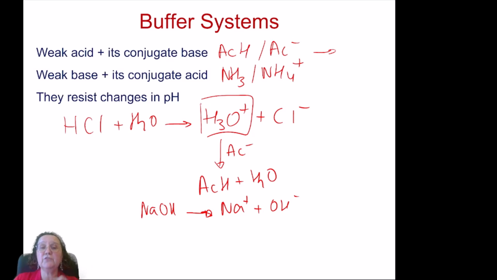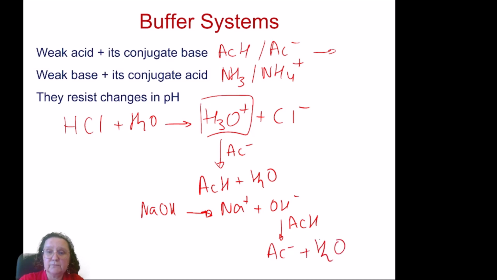But what happens if you have a buffer system, a buffer solution in that water? So it's not pure water. If you have the acetic acid and acetate, well, the hydroxyl ions can react with your acetic acid to produce the anion acetate and water.